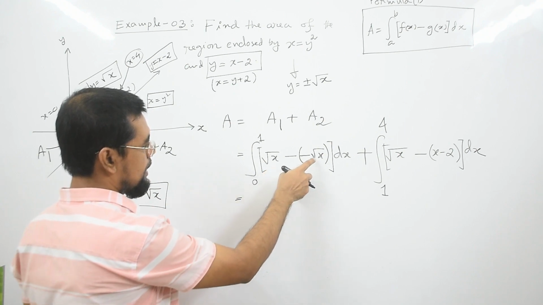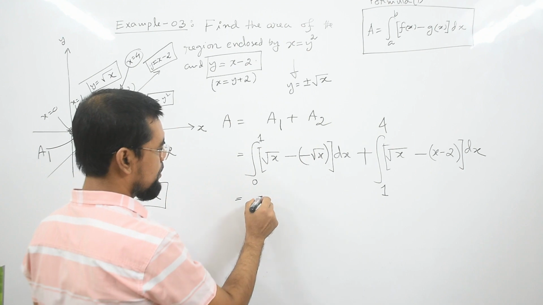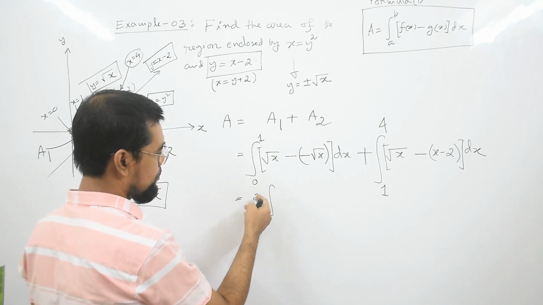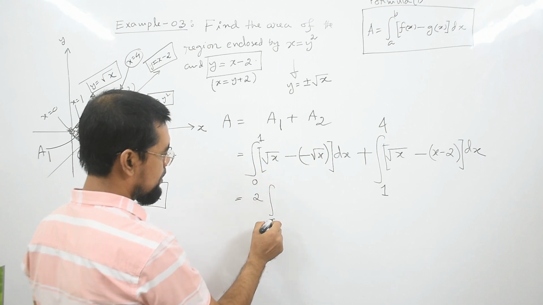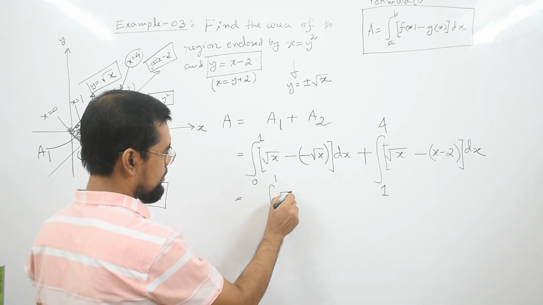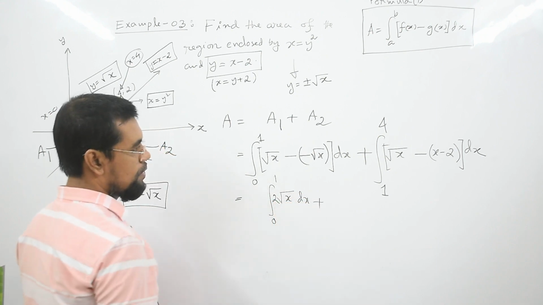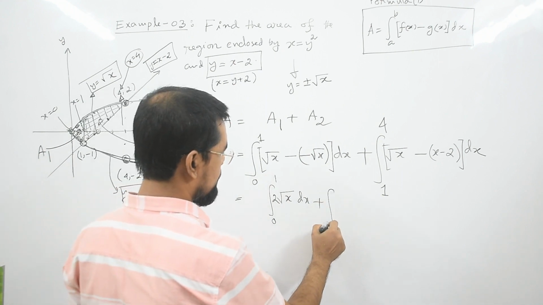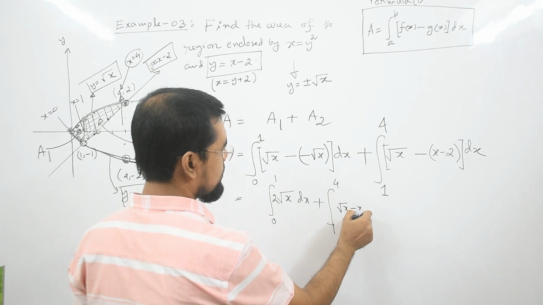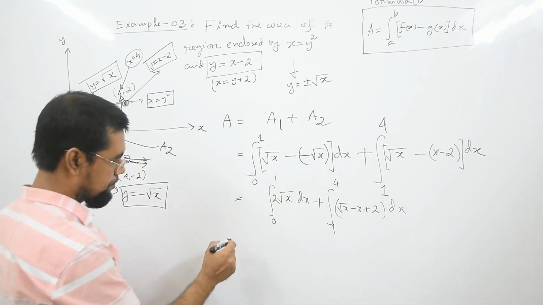You see, if you add root x plus root x, you will get 2 root x. So let me put it inside the integral sign, 0 to 1, 2 root x dx, plus 1 to 4, root x minus x plus 2, dx.